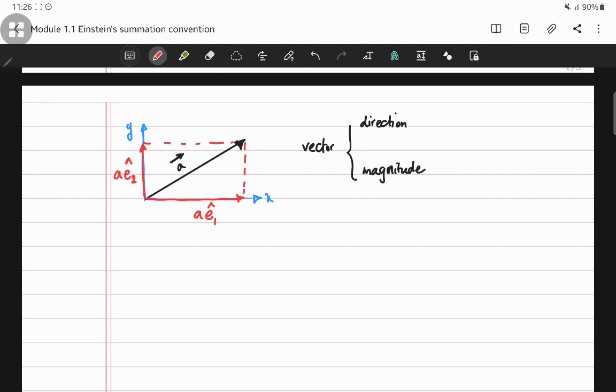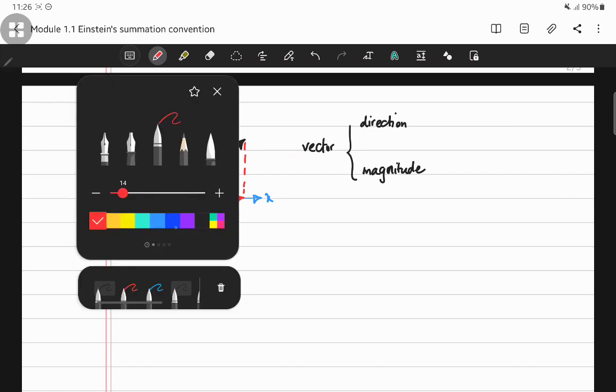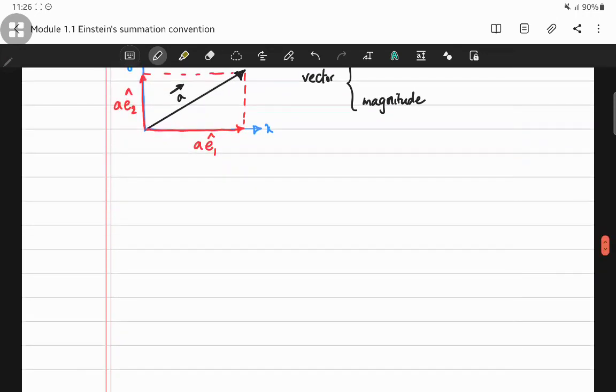And of course, you can just extrapolate this into 3D. So you will have a vector A as A1 e1 plus A2 e2 plus A3 e3.